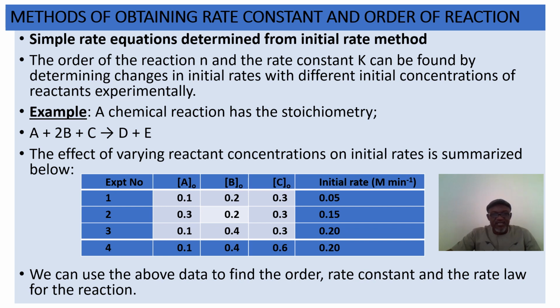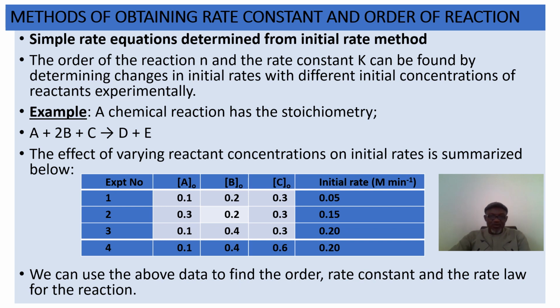That of B is still 0.2, 0.2. So nothing changed. That of C is still 0.3, 0.3. But the initial rate has changed from 0.05 to 0.15. So it means that this change in initial rate was as a result of the change in concentration of A, because B and C are kept constant.